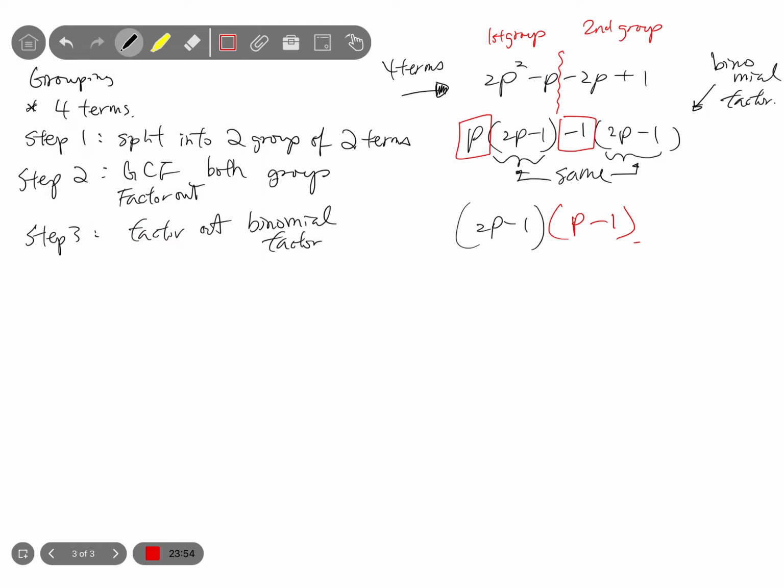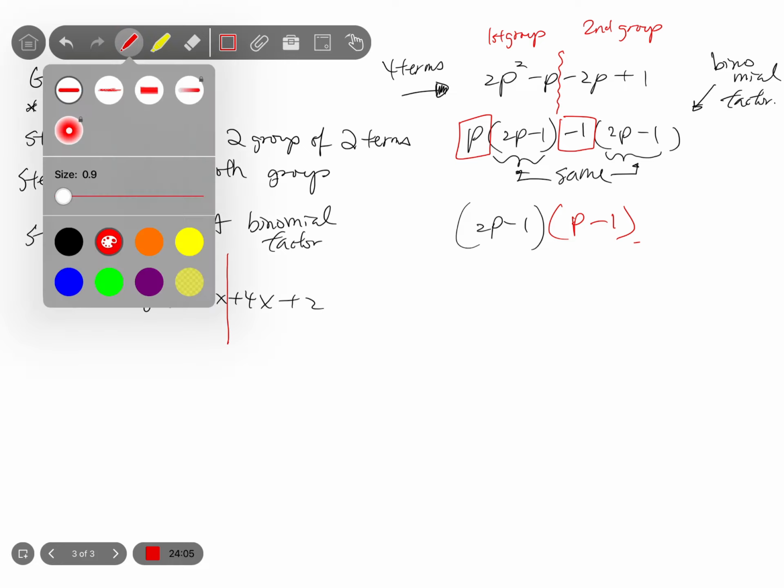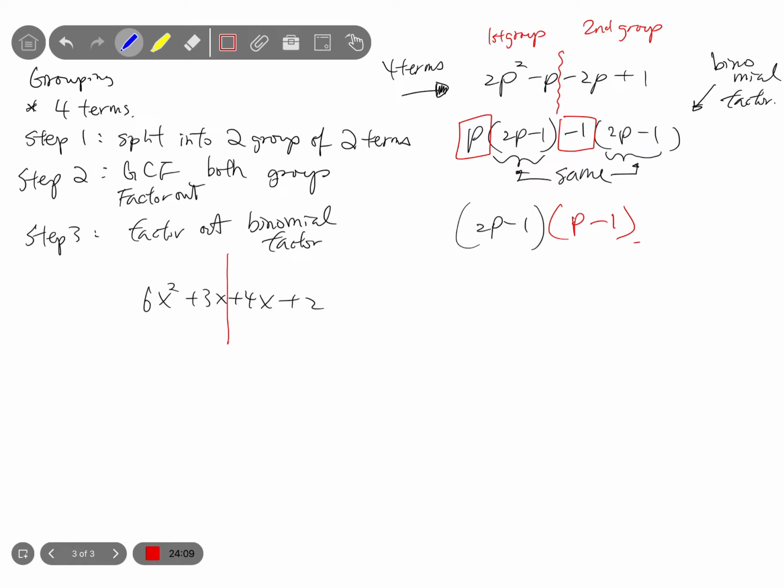Same thing for the next problem, which is 6x squared plus 3x plus 4x plus 2. So I'm going to split down the middle and find the GCF for both groups. The GCF for 6x squared plus 3x is 3x, and you have 2x plus 1 left over inside.